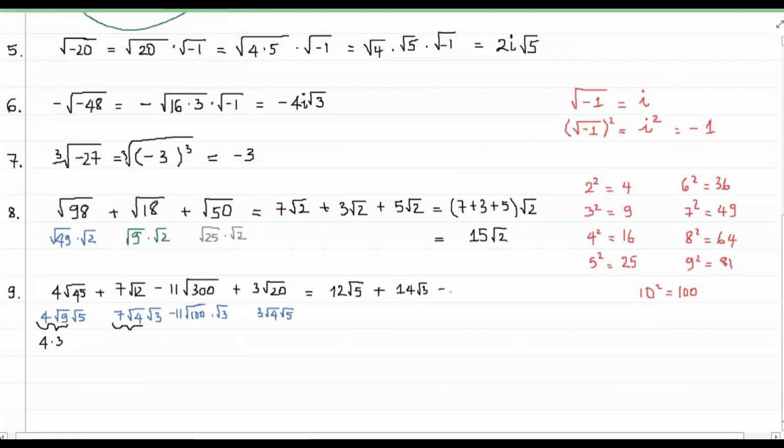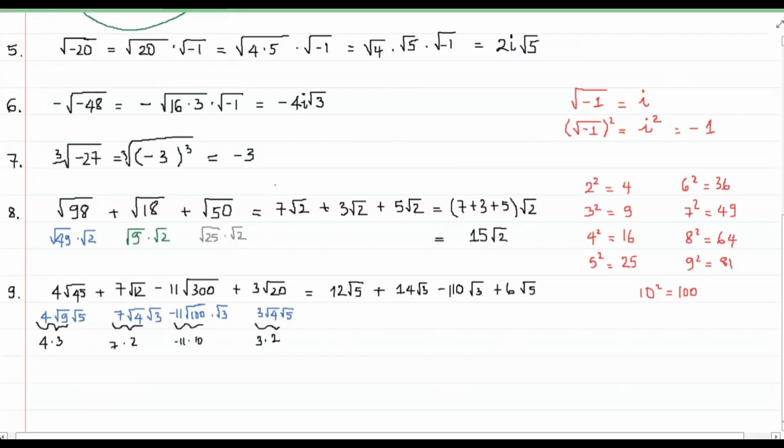Now continue, minus 11 times 10, since the square root of 100 is 10. So 110 square root of 3. Here, negative 11 times 10. Here is 7 times 2. Okay, now 3 times the square root of 4, which is 2. 3 times 2 is 6. So add 6 square root of 5.